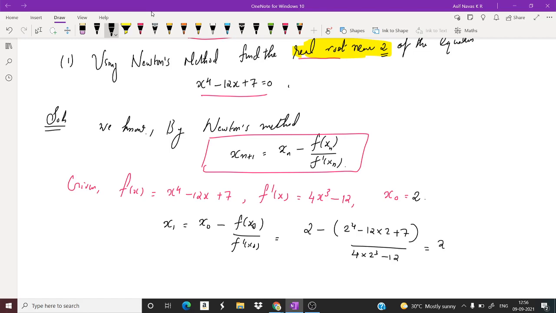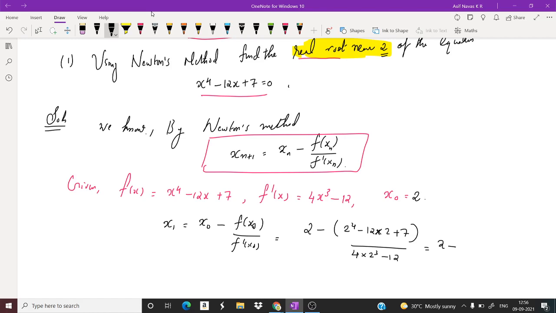So this is 2 minus 2 raised to 4 minus 24 plus 7.